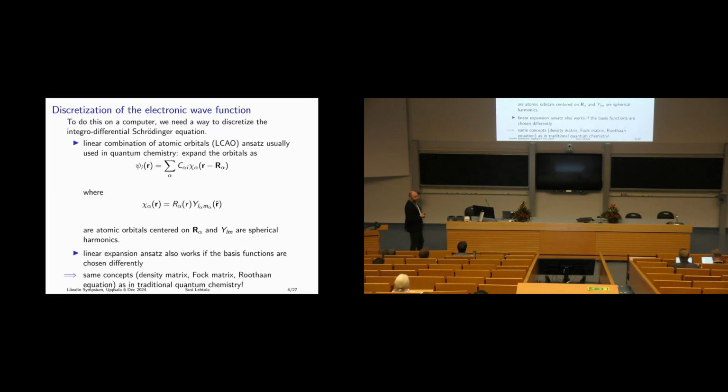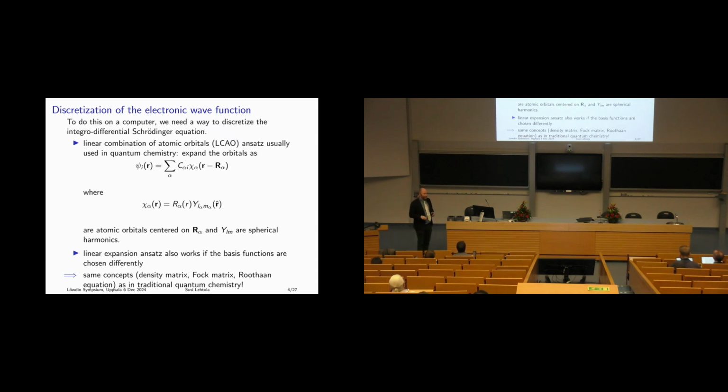So what most quantum chemists do is they use Gaussian basis sets. You take these one-particle functions, which we call the orbitals, and you write them as a linear combination of these atomic-centered basis functions that we call atomic orbitals. They might not be real atomic orbitals. They might also be just something that looks like atomic orbitals.